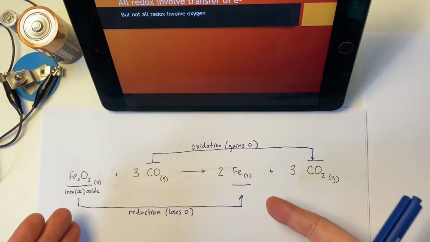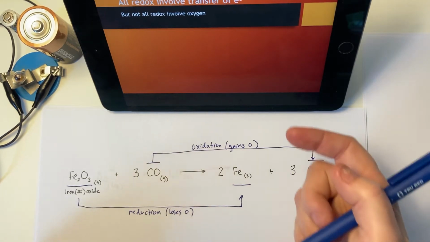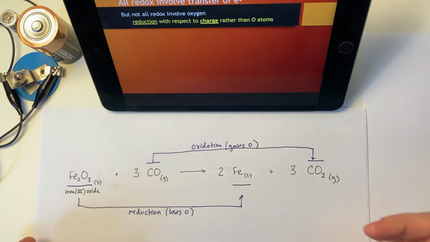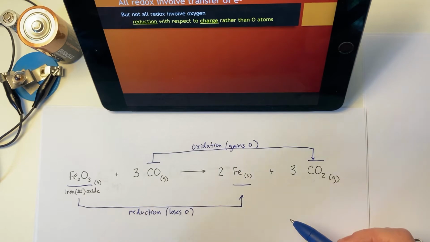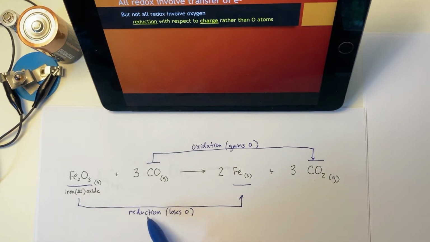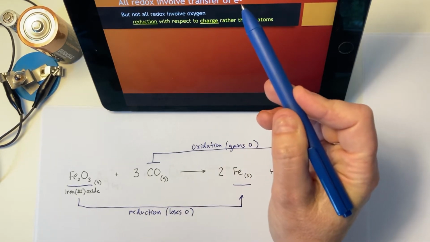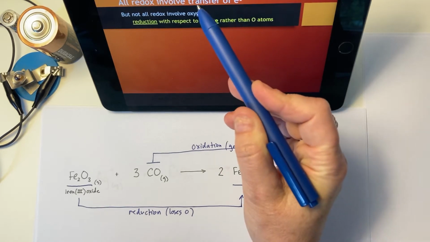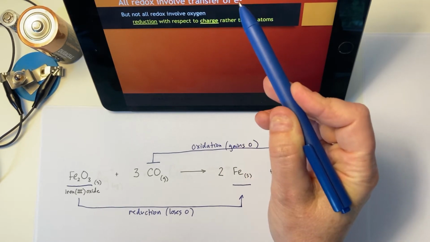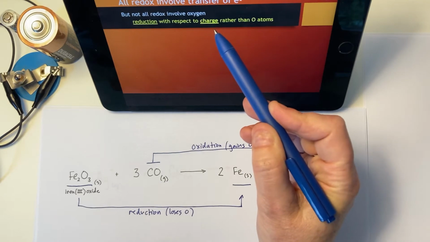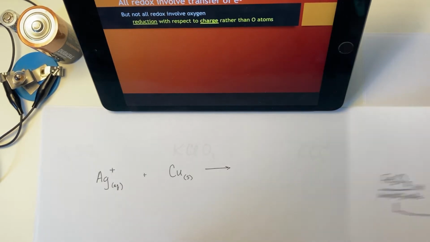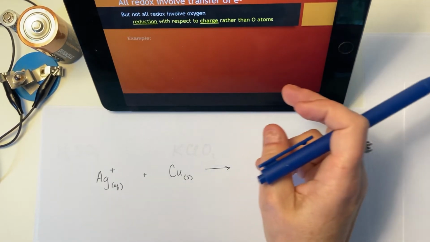I want to be able to talk about how electrons are transferred, but let me show you an example where we're not talking about any oxygen at all, and instead we want to think about reduction with respect to a charge, right? Because electrons have a negative charge. So if we want to think about where they're moving, that's going to change the charge of different species. So let's think about this example.